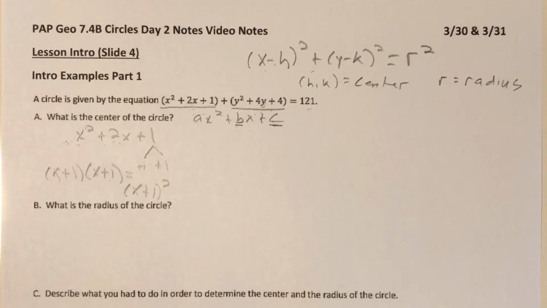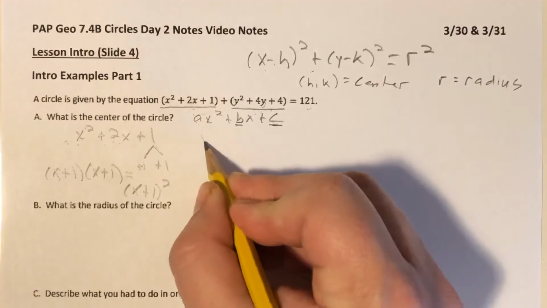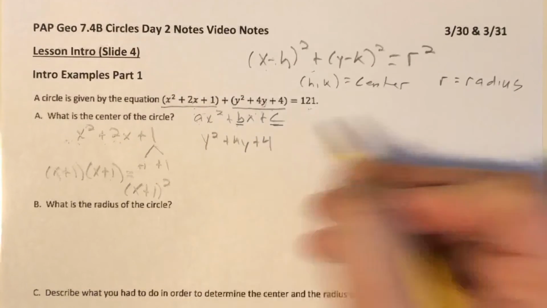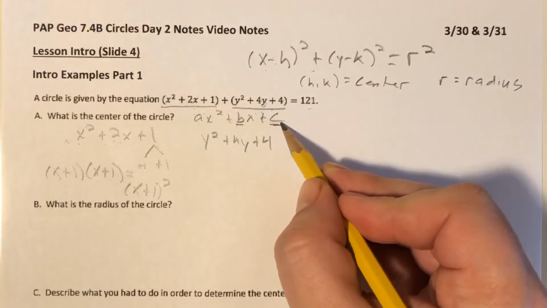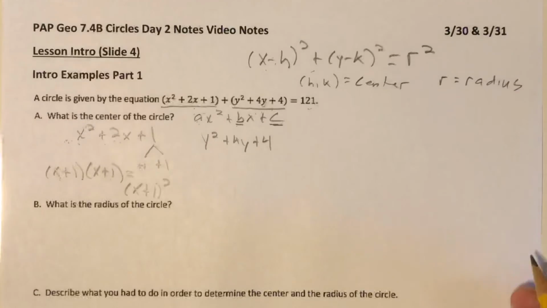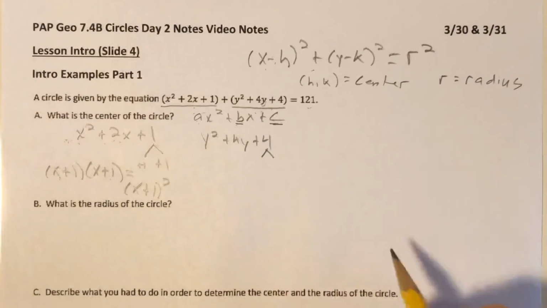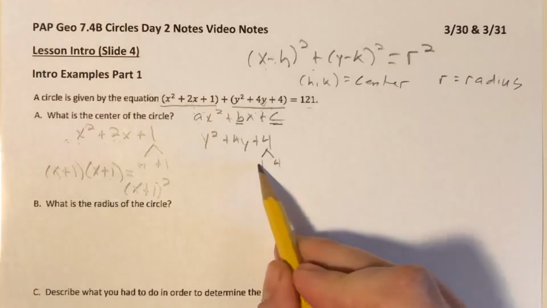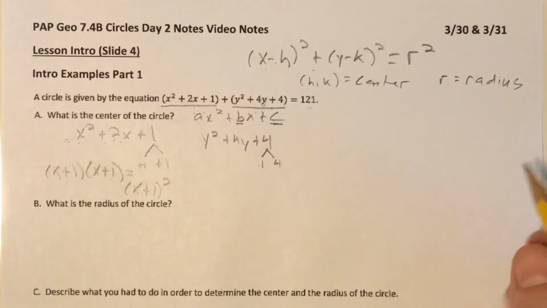Okay, now let's look at that second set of terms over there, the ones beginning with y squared. So I've got y squared plus 4y plus 4. Okay, now again, I'm going to find the factors of my c term that add up to my b term. All right, if I look at this 4 here, well, I could start with a 1 and a 4. The only problem is 1 times 4 does equal 4, but 1 plus 4 is 5, so that's not going to work.